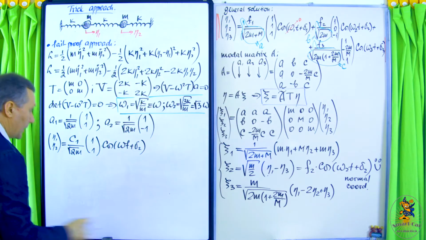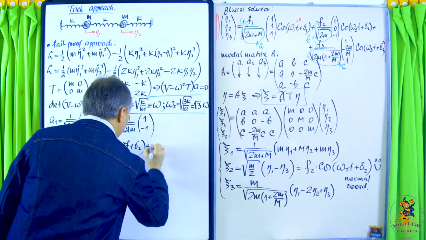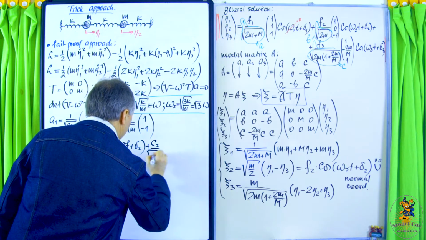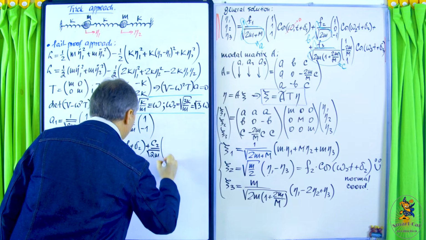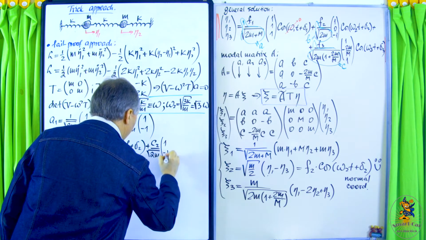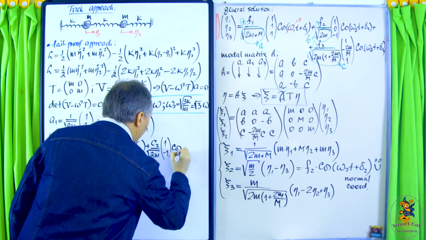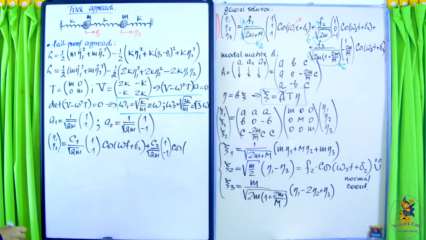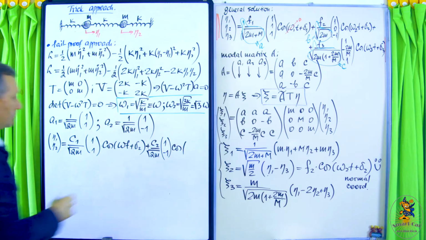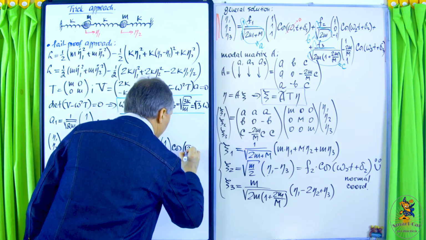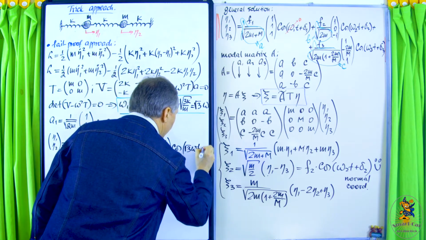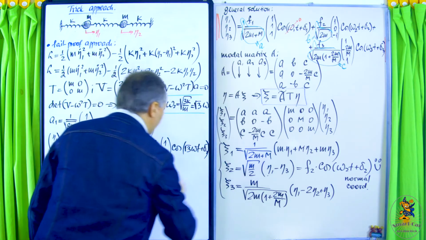And now the second: c2 over square root of 2m, (1, minus 1), and cosine of square root of 3 omega t plus delta 2.